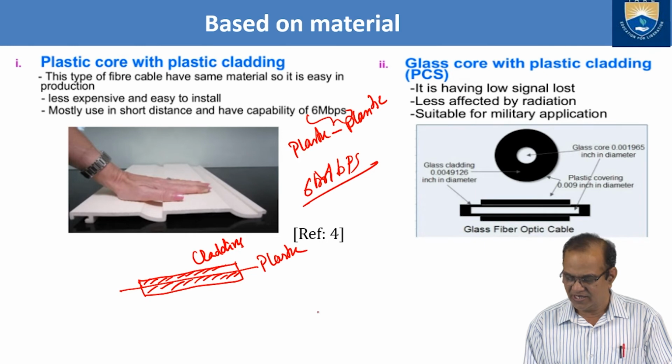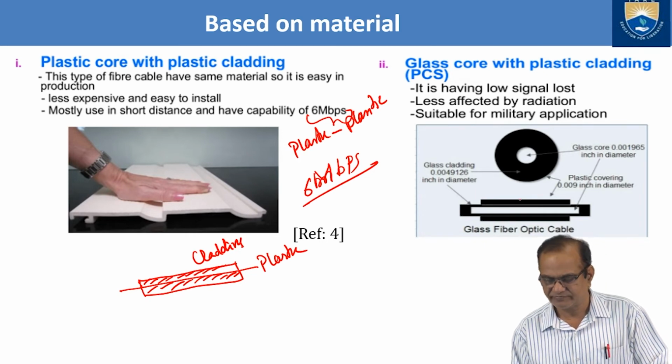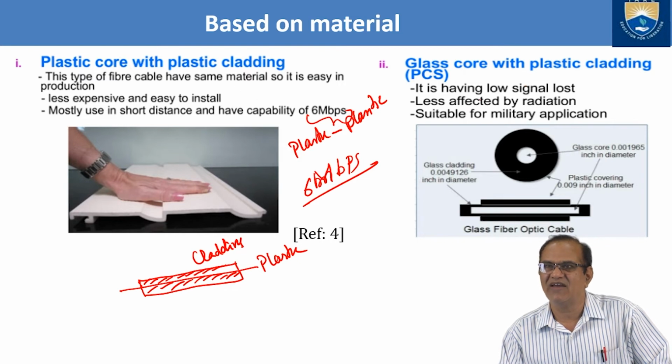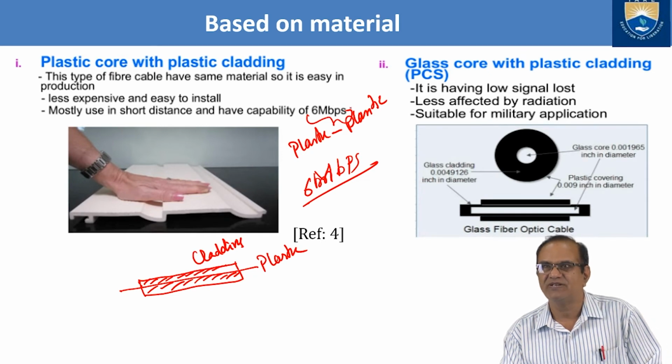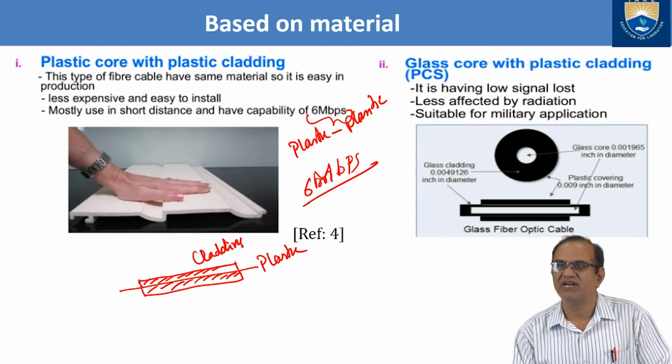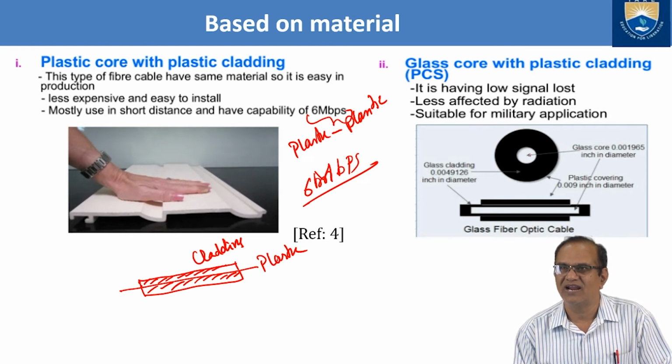The second one is glass core with plastic cladding. It has a low signal loss, meaning it is better than the first one. It is less affected by radiation and suitable for military applications. Here, this is your glass core, 0.001965 inch in diameter, very, very thin.